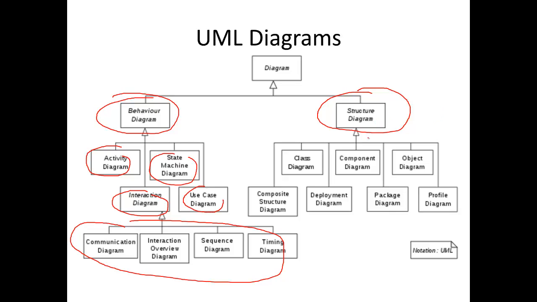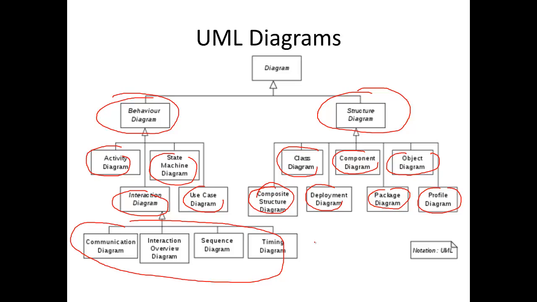For the structure diagram, it includes class diagram, component diagram, object diagram, profile diagram, package diagram, deployment diagram, and composite structure diagram. So there are a bunch of things, many details, many grammar rules.